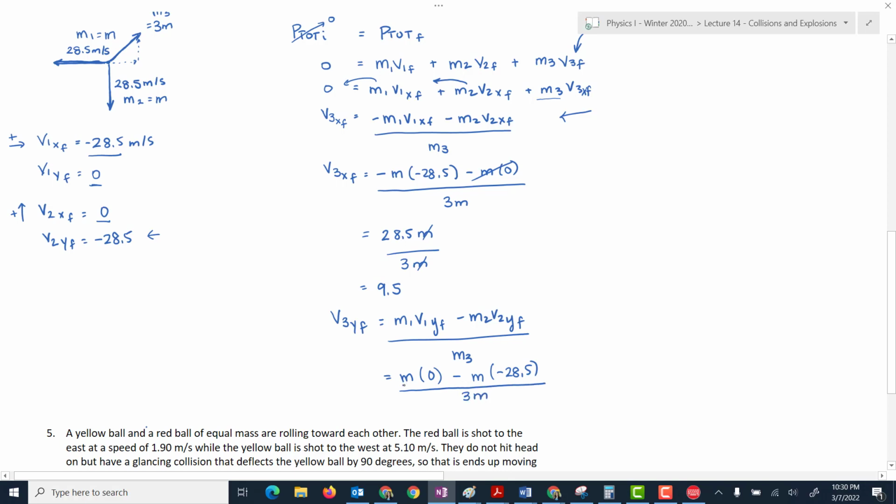So now my m times my 0 becomes 0, and I'm left with the same thing as before. Negative m times negative 28.5 is 28.5m, and on the bottom is 3m. So I have the exact same thing as before. The m's cancel out, and I'm just left with 9.5.